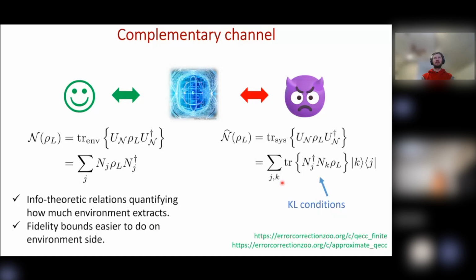There was a series of papers spearheaded by Cédric Bény and Ognyan Oreshkov, who cooked up relatively simple computational tools to extract how well you can protect information using the fidelity of this state. So there are entropic quantities and fidelities that you can use on the complementary side.